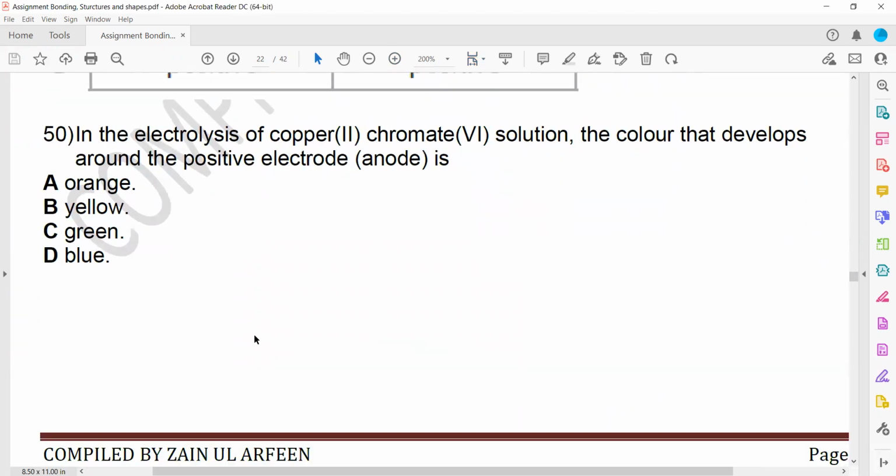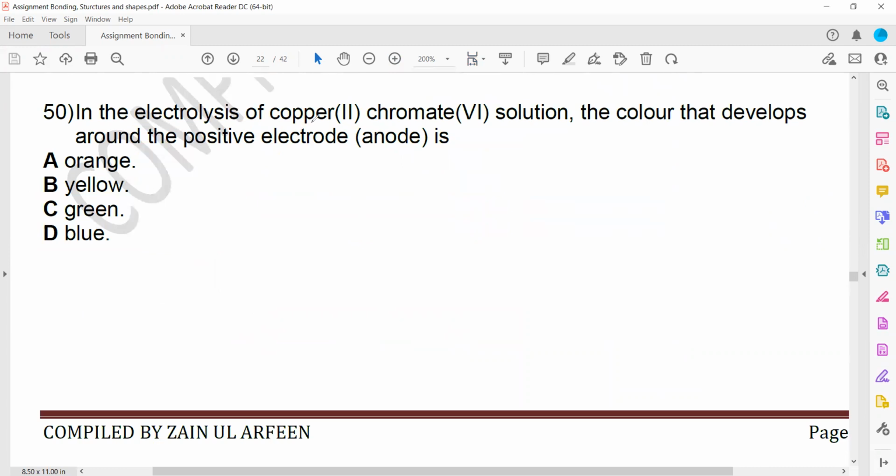Question 50. Electrolysis of copper chromate. The color that develops around the positive anode. So copper chromate means it contains copper ion, which is +2, and it contains chromate ion CrO4 with a charge of -2.